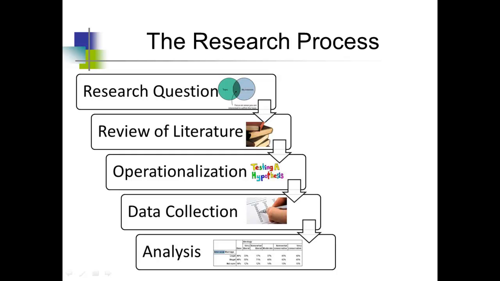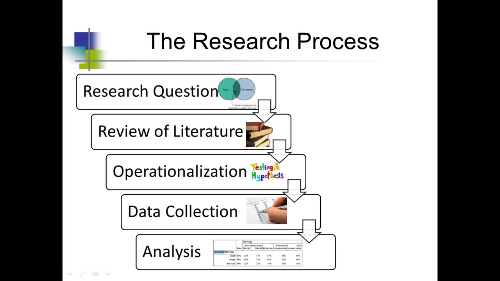Before we get too far into the nitty-gritty of statistics, we're going to review first the research process. The research process is basically a cascade of events that occurs once a researcher develops a research question. Now, the research question usually comes about at the intersection of an interest that a researcher has and the field that they're working in.